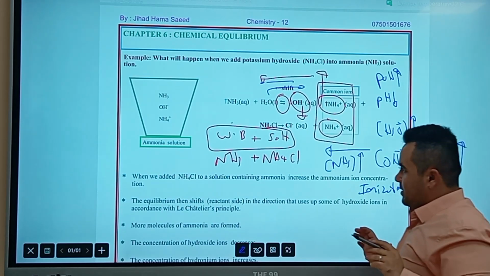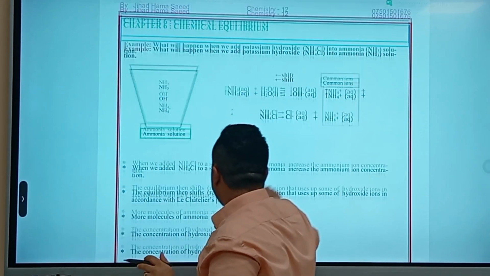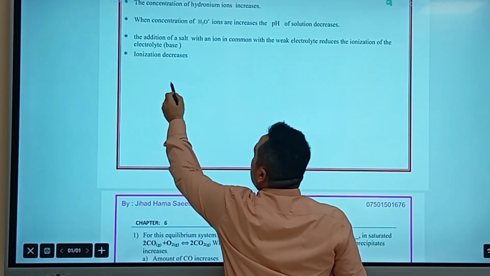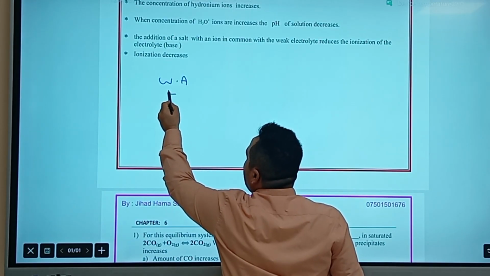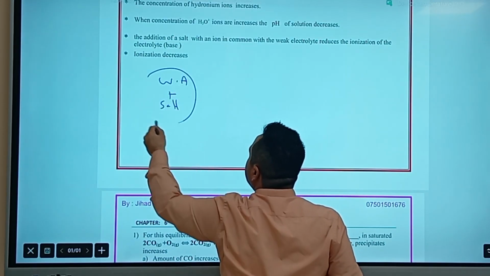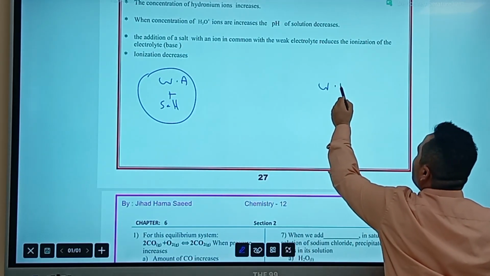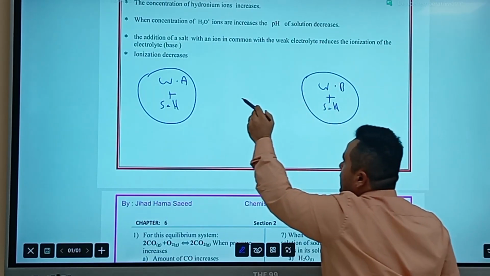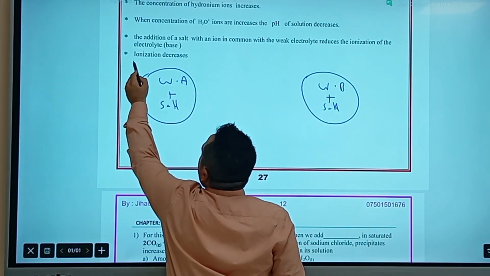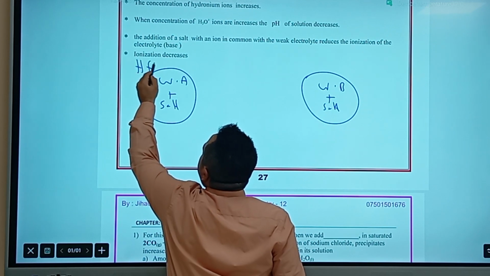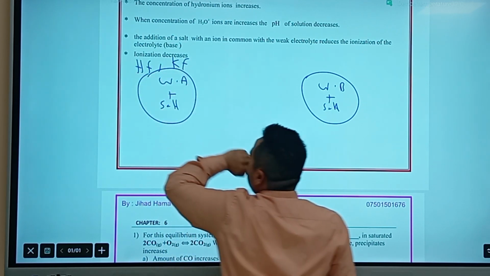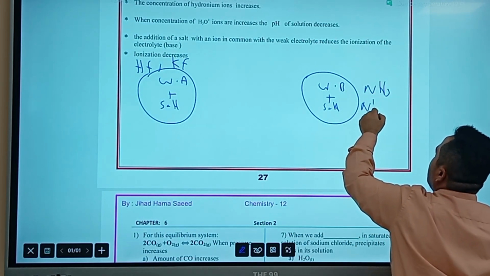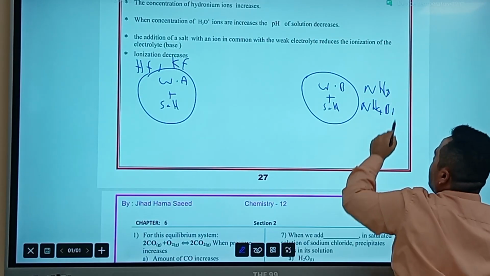So keep in mind, guys, let me write the summary for you in this part. When a weak acid is combined with a salt which has a common ion, or a weak base with a salt which has a common ion. For example, a weak acid, such as HF plus KF, or NH3 plus NH4Br.